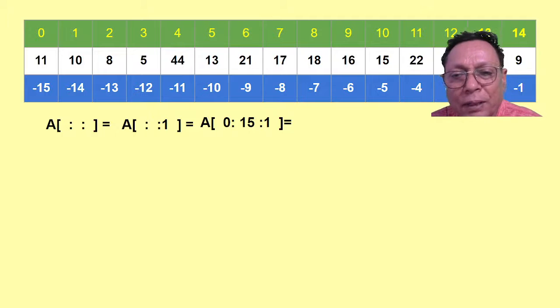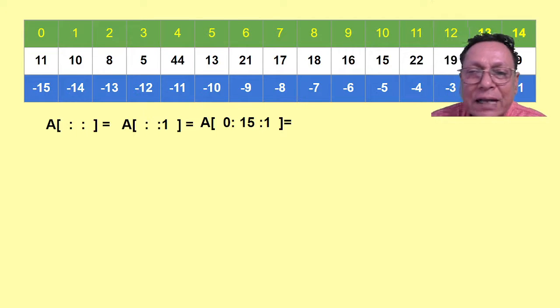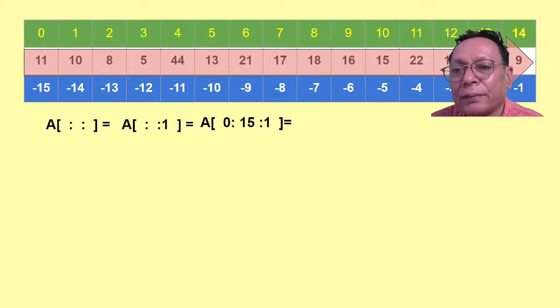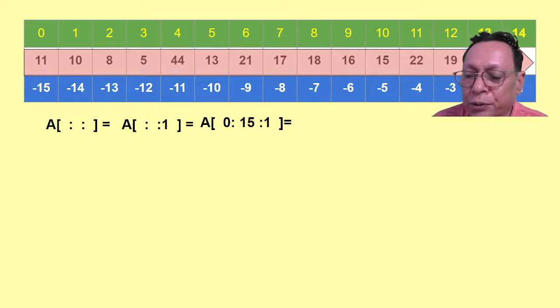It will start from the beginning, the 0 index, till the last index. So the start index is 0, the ending index is 15, and the step is +1, and we'll have to move from left to right. From 0, 1, 2, 3, the entire list will be taken into account. This way the complete list is a slice. Hope this is clear to you.